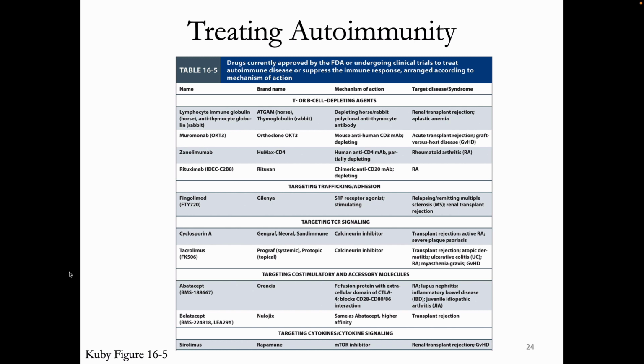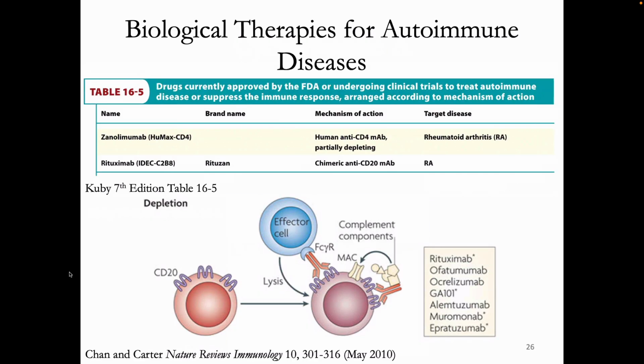If something has MAB at the end of its name, it's a monoclonal antibody against something. If something has sept in its name, it's somehow blocking a receptor. And so you can see we have lots of receptors getting blocked. We have lots of antibodies against things, treating many of these autoimmune diseases. And these are generally thought of as sort of the biologics.